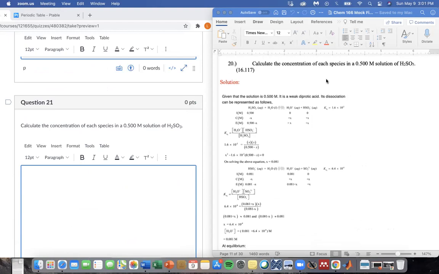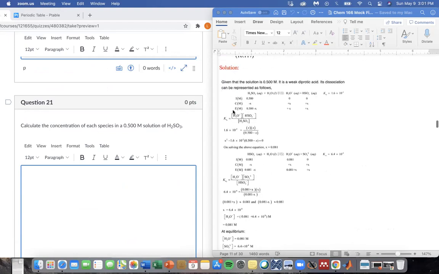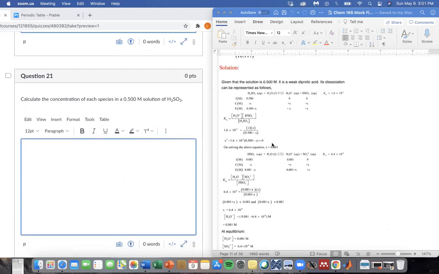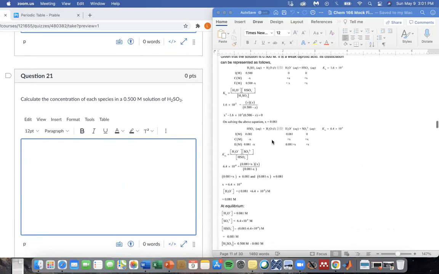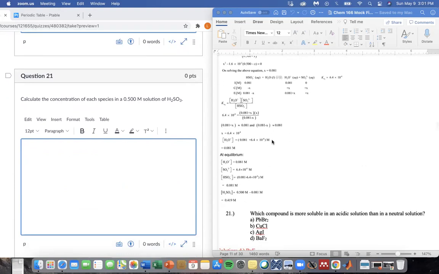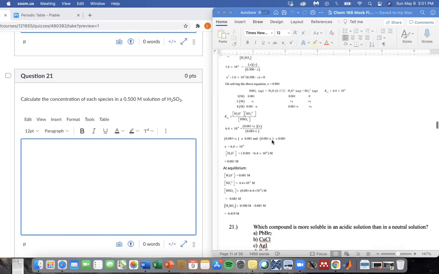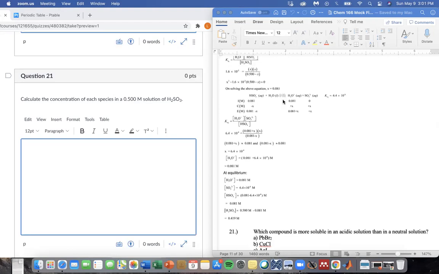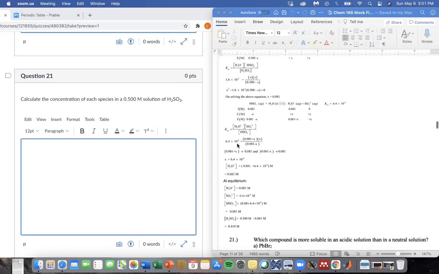For this, it's a weak diprotic acid, and so really the only important part is the dissolution of the first ion. So to do an ICE table here, we just plug in our Ka expression.